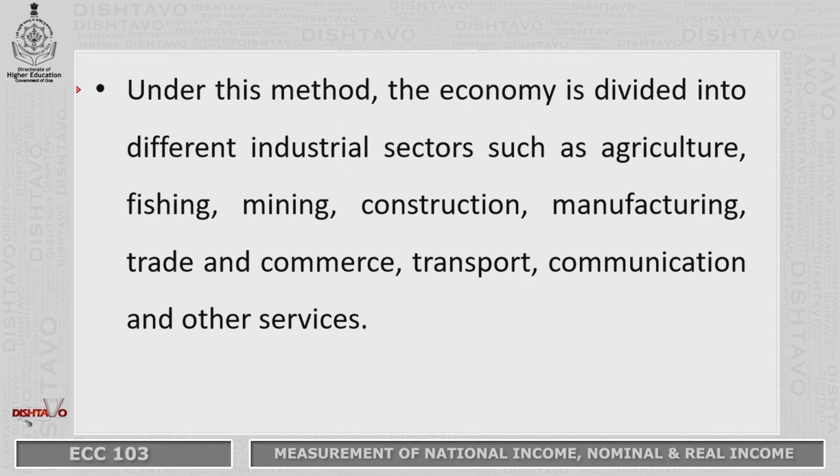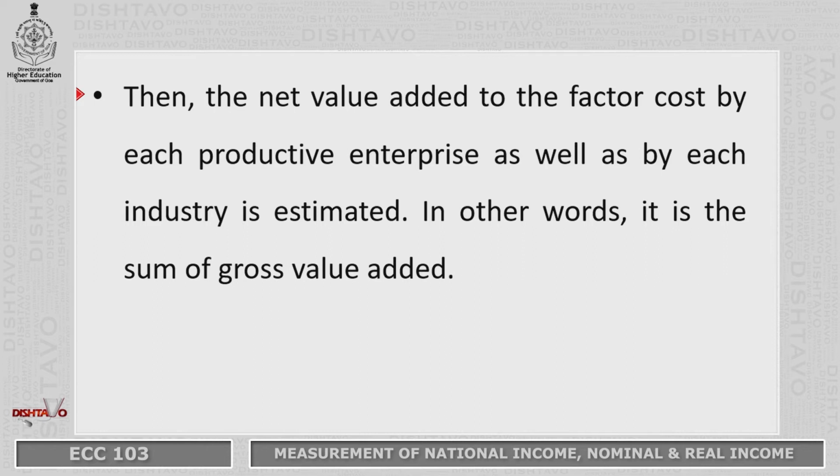Under this method, the economy is divided into different industrial sectors such as agriculture, fishing, mining, construction, manufacturing, trade and commerce, transport, communication and various other services which are taking place in the economy. Then the net value added to the factor cost by each product enterprise as well as by each industry is calculated or estimated. In other words, it is the sum of the gross value added. That is why it is called the product method or even output method.